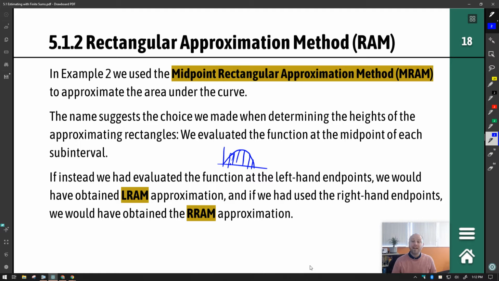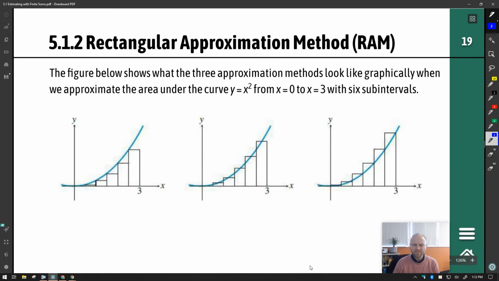We also could have done that two other ways. We could have used just the left side of subintervals, and that would have been LRAM, or left-hand rectangular approximation method. And we could have used just the right side of the subintervals, which would have been RRAM, or right-hand rectangular approximation method.